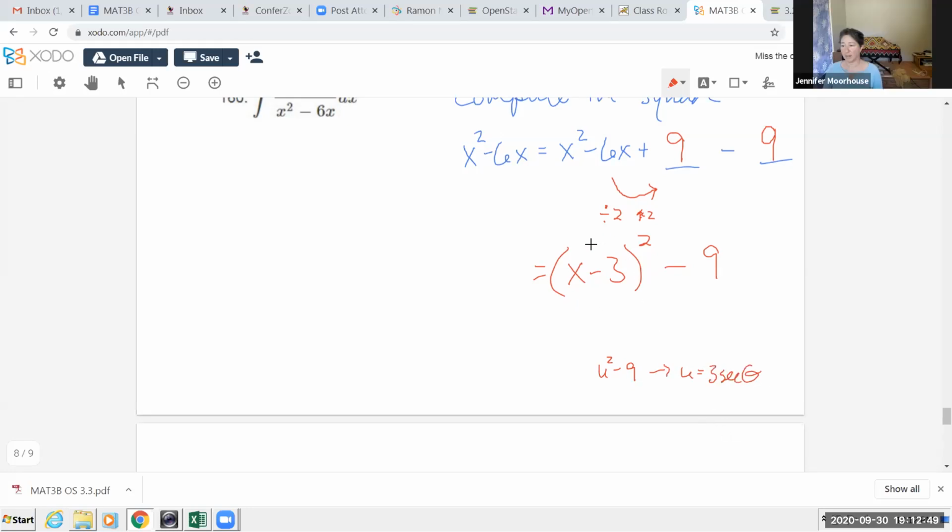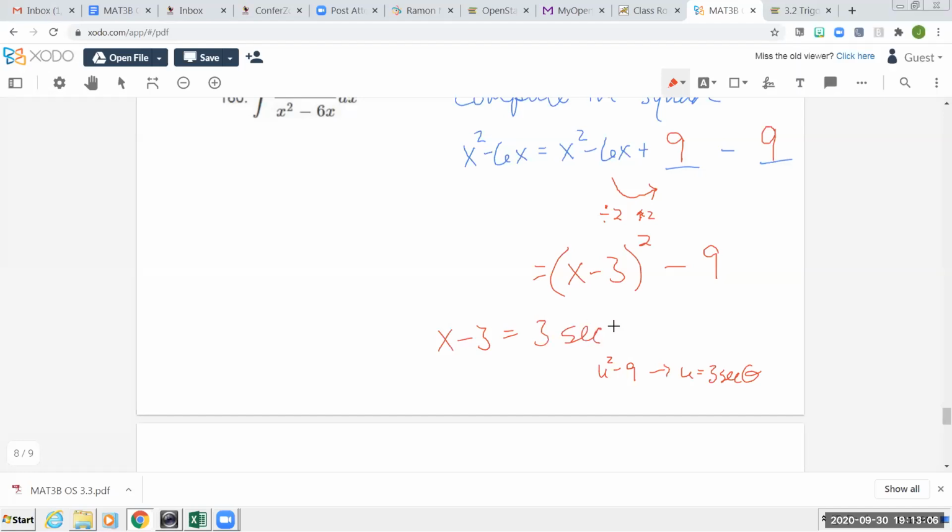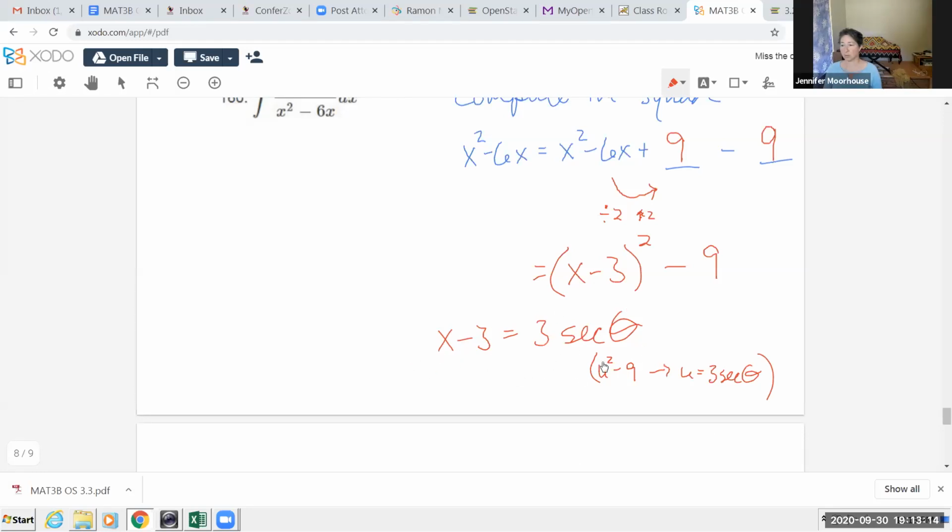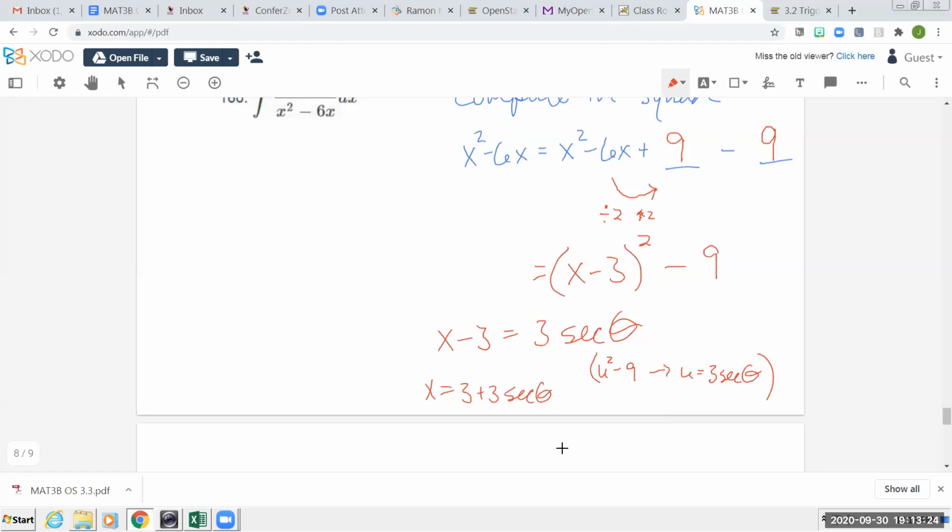But in this case, we have x minus 3 squared minus 9, so we're going to make x minus 3 equal to 3 secant theta. So x is 3 plus 3 secant theta. And then you go from there.